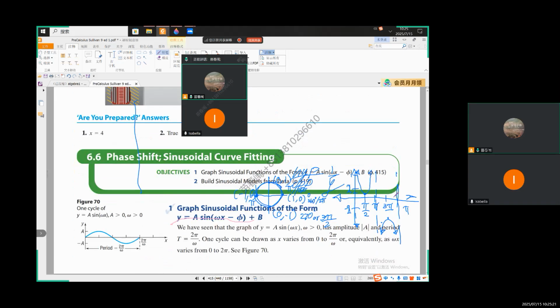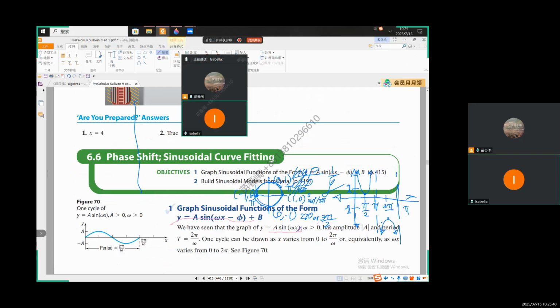It's about transformation again. Have you seen this kind of form before? A sine omega x? Yeah, I have.